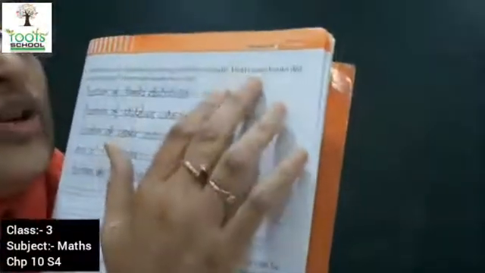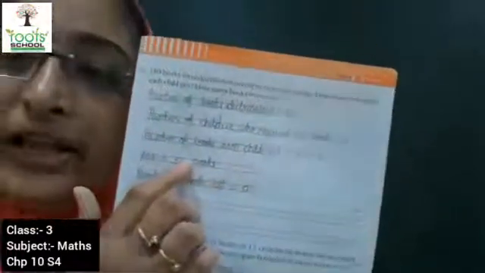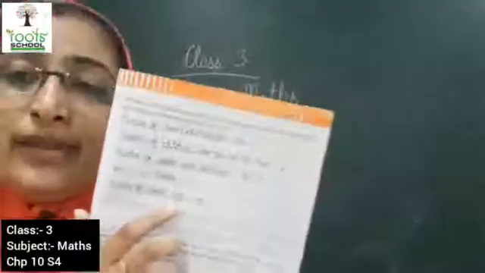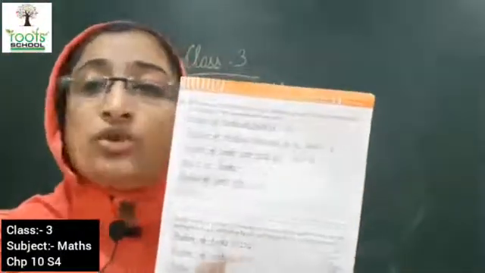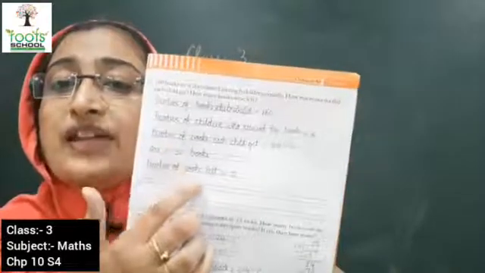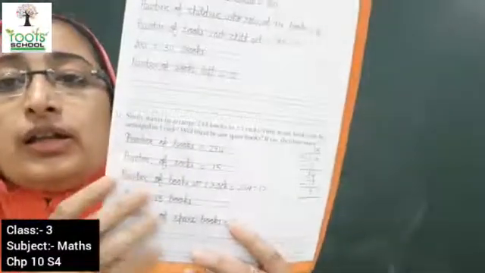Now what is the second question? How many books were left? Kids, when you give 30 books to each kid, that means to 6 kids you have given 180 books. Now there is no book remaining. The books left is equal to 0. Okay. Now kids, let's solve the last sum.